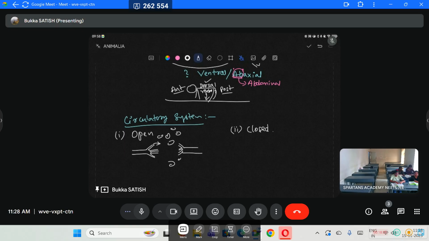But in our case we have the closed circulatory system where artery and vein are connected with capillaries. Yes or no? These two are connected with the capillaries. So blood will never come out of the blood vessel.